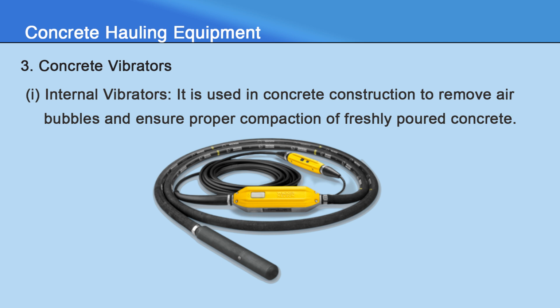It essentially consists of a steel tube having an eccentric vibrating element inside, which is connected with a motor through a flexible tube. Diameter of steel tubes varies from 40 mm to 100 mm. Internal vibrators are used for vibrating concrete in columns, beams, retaining walls, etc.